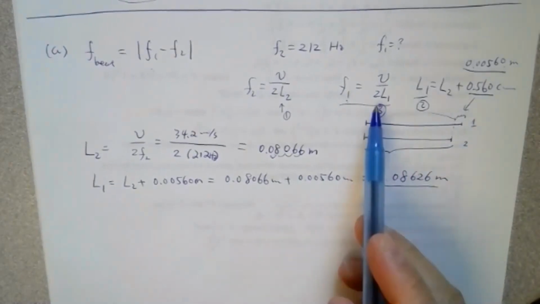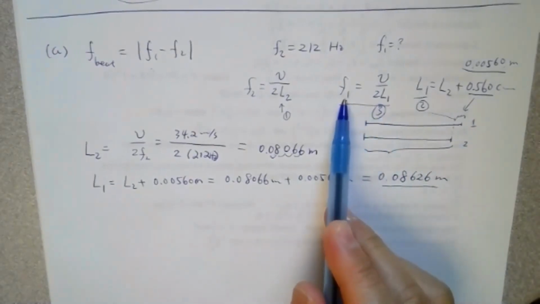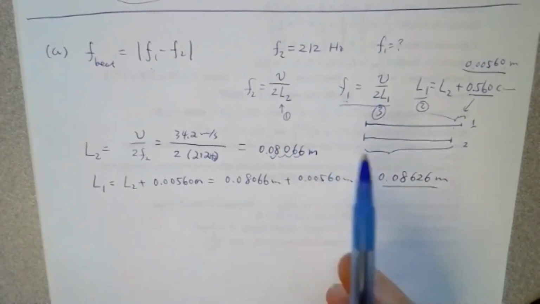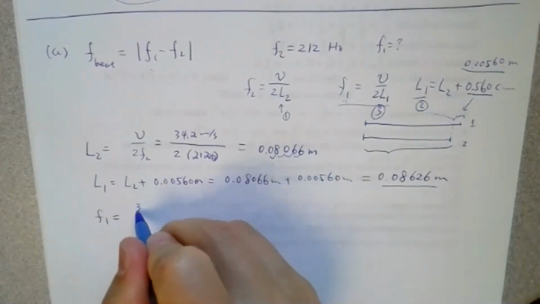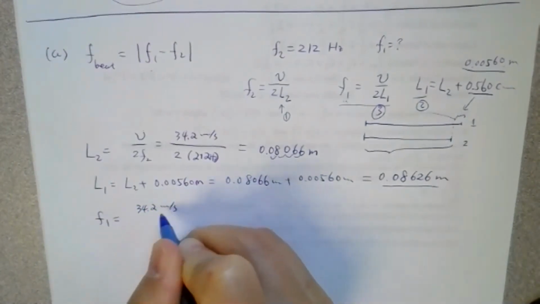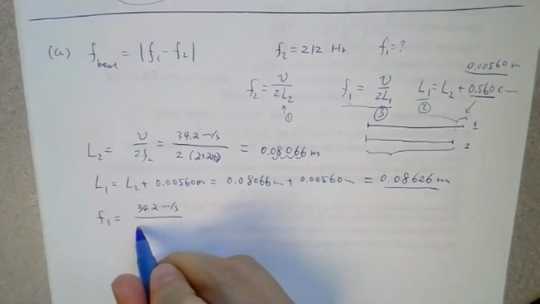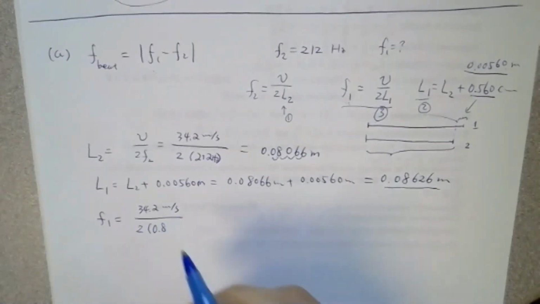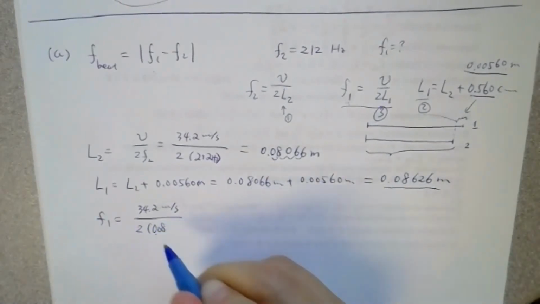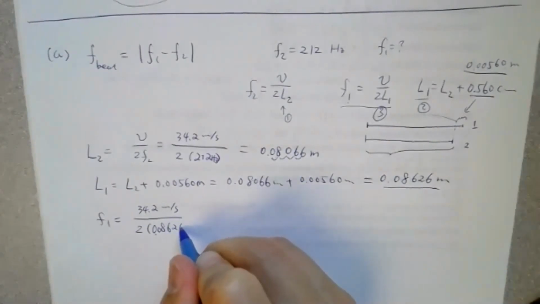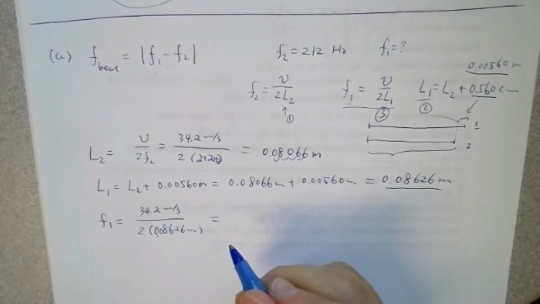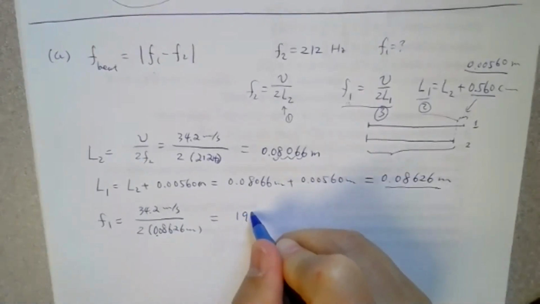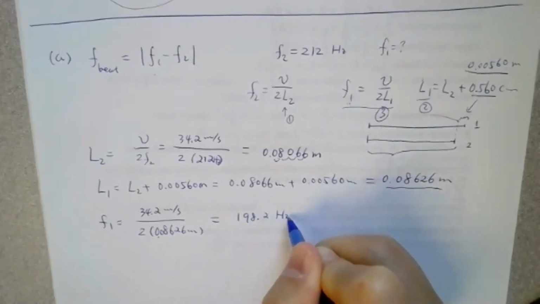Once you have your L1, you can calculate the fundamental frequency of the first string. F1 equals the same speed for the waves in the two strings, divided by 2 times the length of the first string. That tells you this frequency is equal to 198.2 hertz.